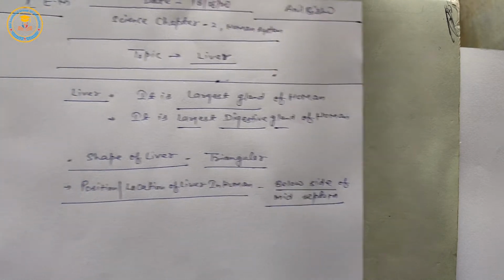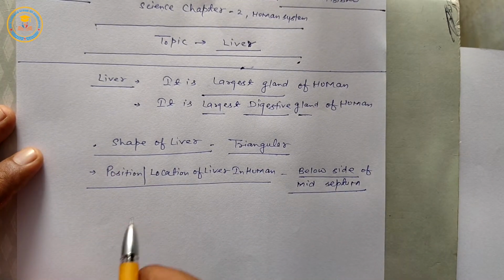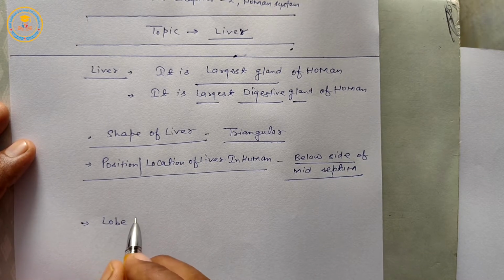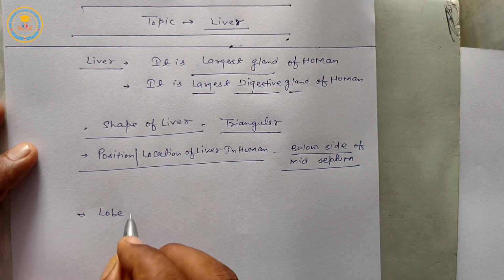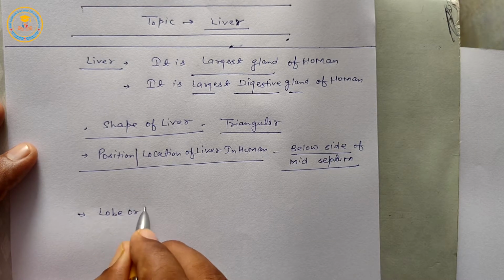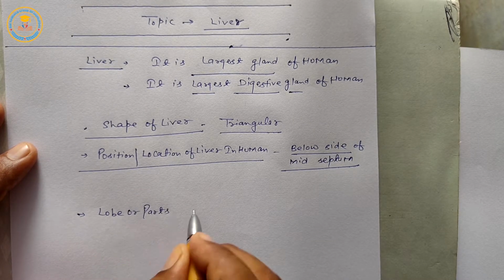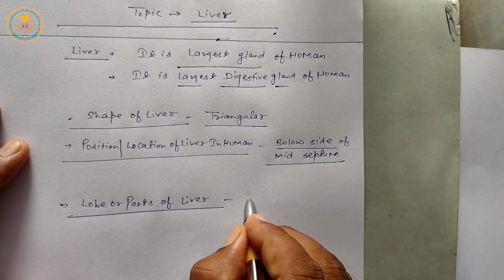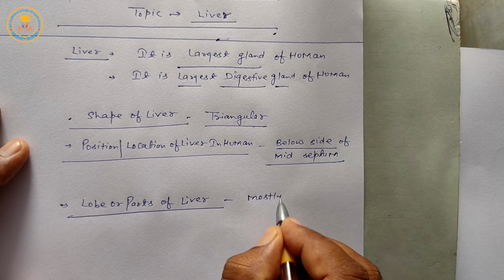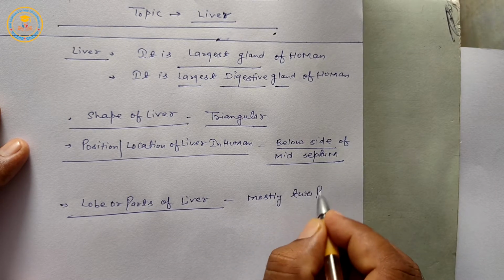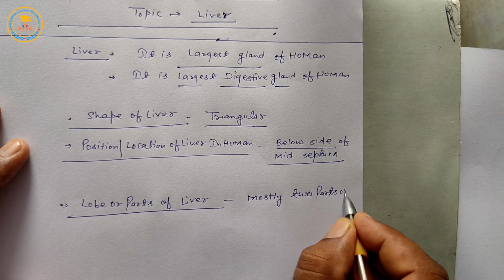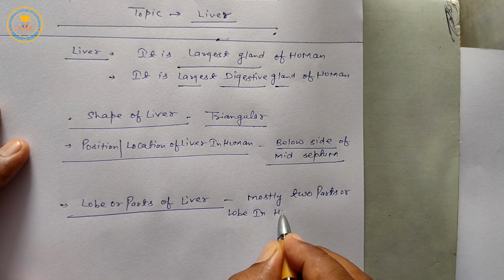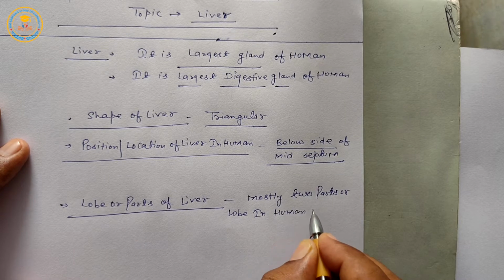Next is lobes or parts of liver. Mostly two parts or lobes in the human liver.